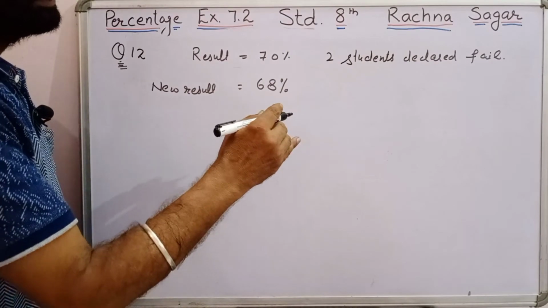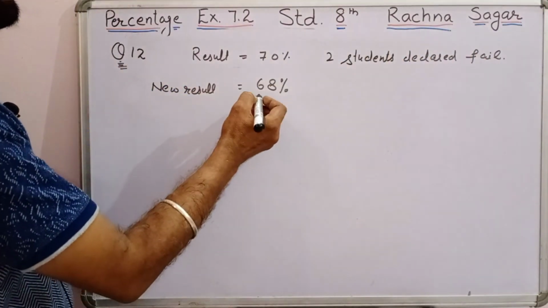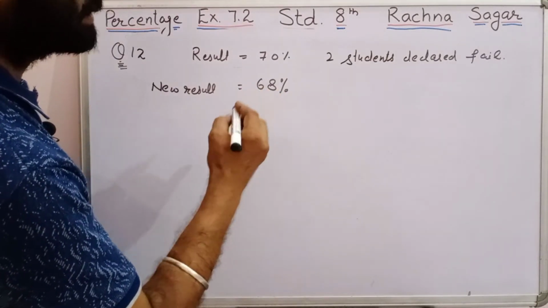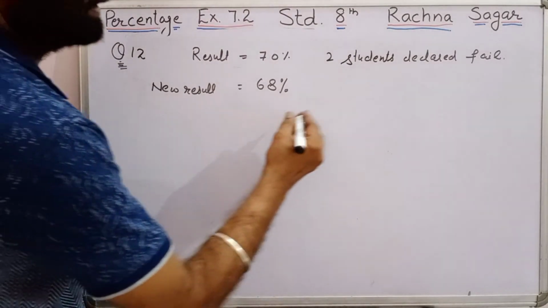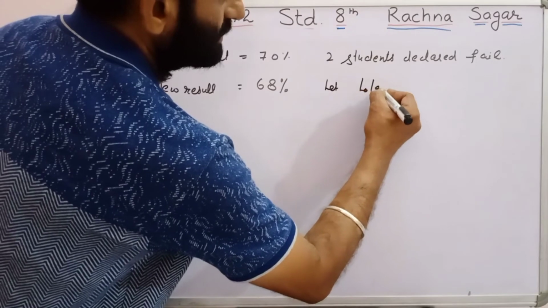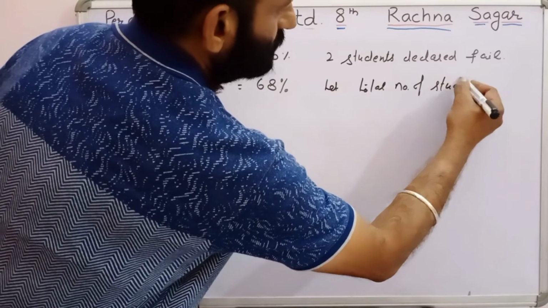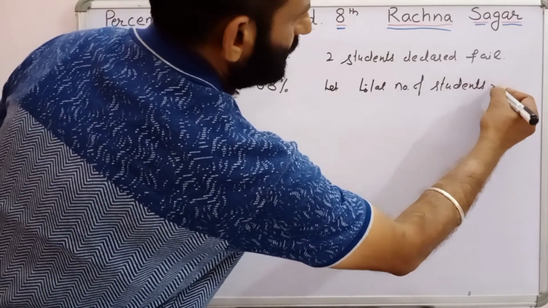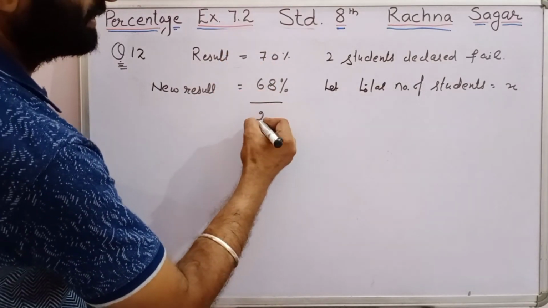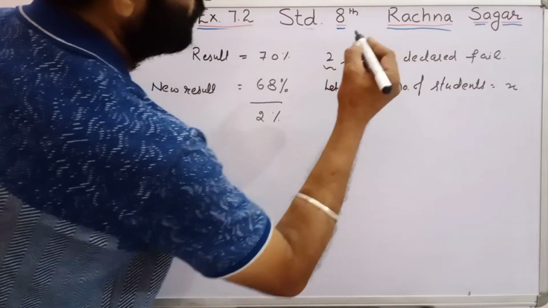Question number 12. In an examination, 70% of the students passed the examination. Later on, it was found 2 students were declared fail, and now the new result is 68%. What is the total number of students who appeared in the examination? Now, let the total number of students be X. Now decrease in result 2%, change in the number of students 2.